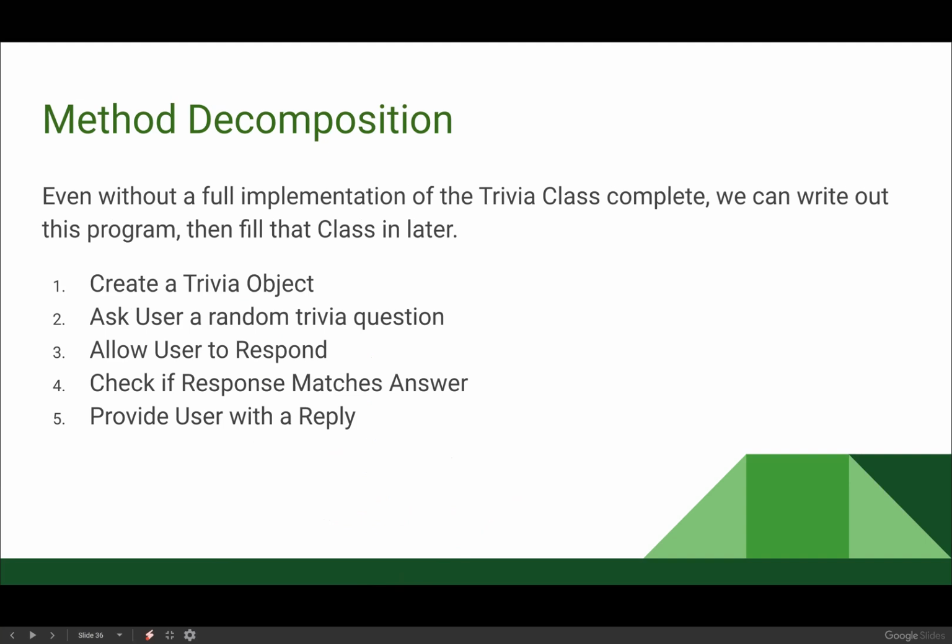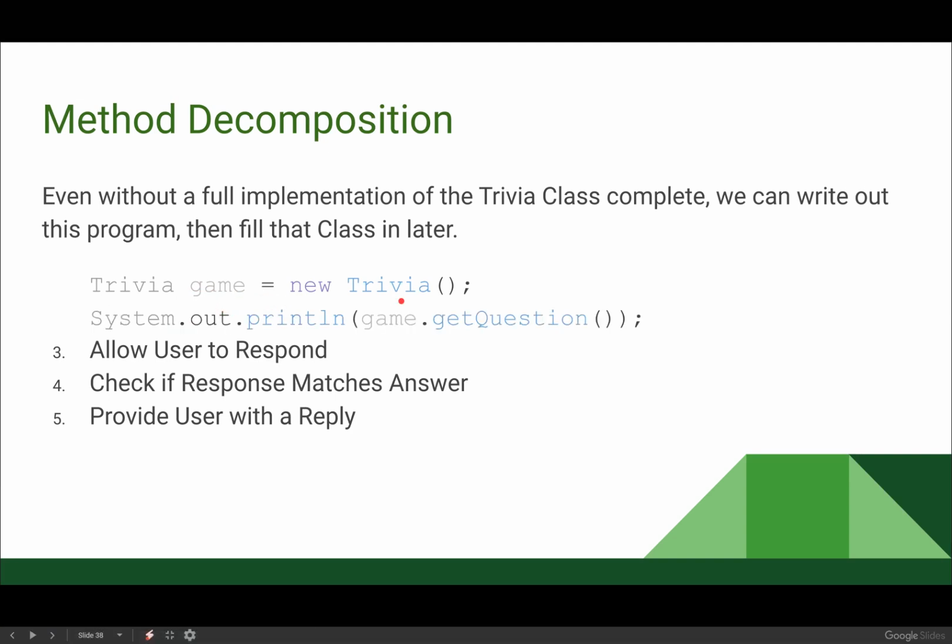And even without a full implementation of what the trivia class is going to look like, we are able to write out what our program interacting with it might look like. We can fill in the trivia class at a later point in time. So to create a trivia object, we're just going to call the constructor. If I'm getting a random trivia question, I can call my game.getQuestion method and print that out. I can ask the user to respond using my scanner variable. I usually call mine nextLine, getting their response.